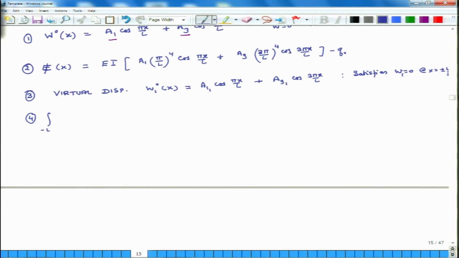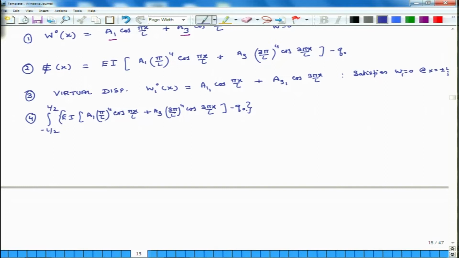So, the integral from minus L over 2 to L over 2 of EI times A1 (pi over L)^4 cosine pi x over L plus A3 (3 pi over L)^4 cosine 3 pi x over L, minus q naught.